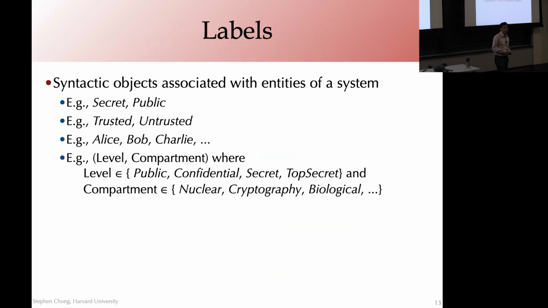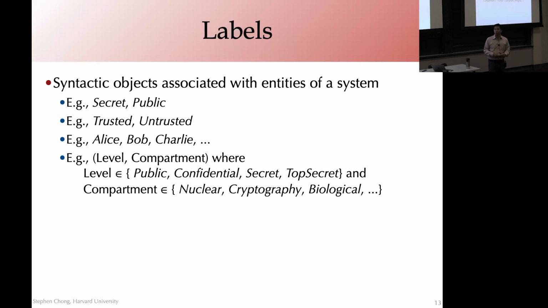Okay, so by a label, what I mean is a syntactic object that we're going to associate with some of the system entities. So we've already seen things like high and low or secret and public as labels, but there's actually a whole range of possible labels that we might want to choose in our modeling of a system.